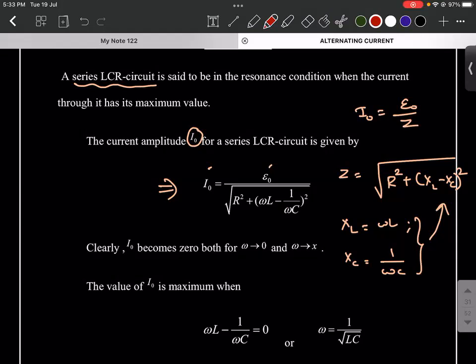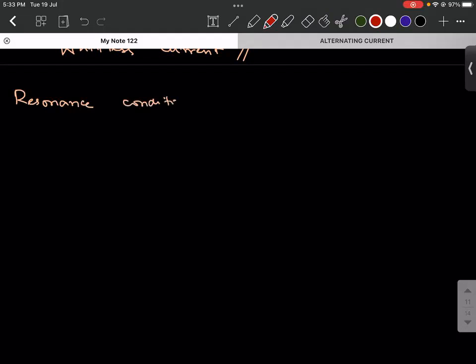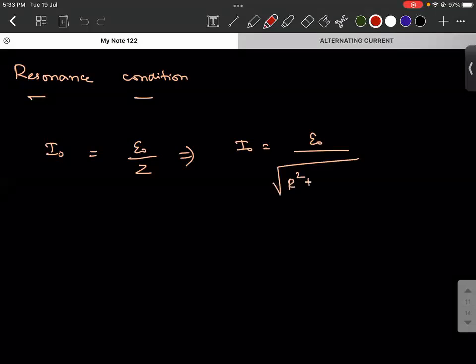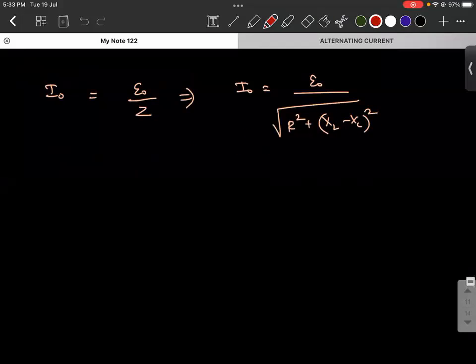So you can take these two values and substitute them. When you do that, what are you going to get? I write it again, listen. For resonance condition, I naught will be equal to E naught divided by Z, which implies I naught is equal to E naught divided by root of R square plus XL minus XC the whole square, right?